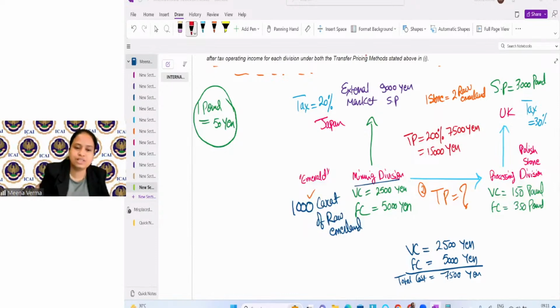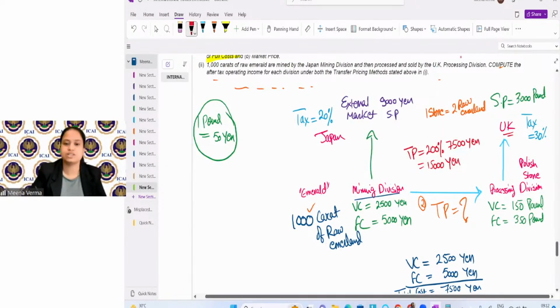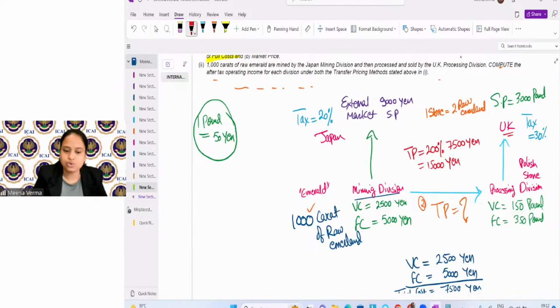Now, what will be the same transfer price for the UK? Convert it into UK currency, that is, into pounds. You know the exchange rate, right? It was mentioned in the question. In 1 pound, there are 50 yen.